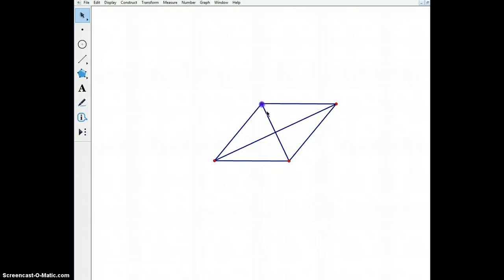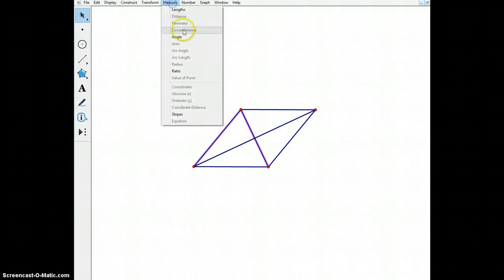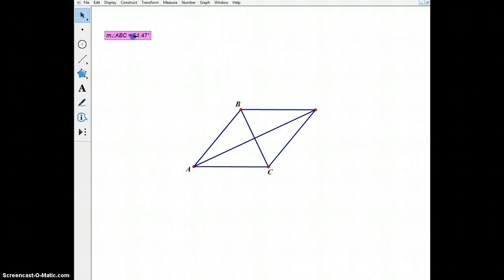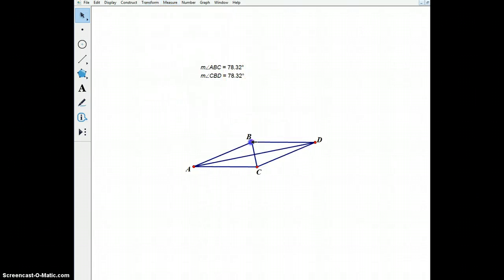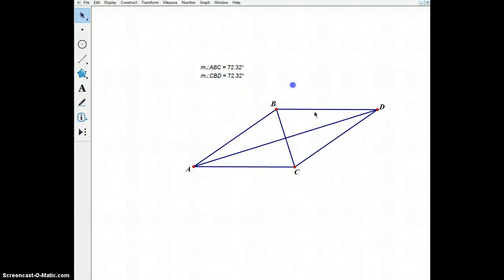How about these angle bisectors? Well, a simple way is we can just pick an angle and measure it. So we have that ABC is 64 degrees, and now let's look at CBD, and notice it's also 64 degrees. And as we change this, it is indeed the same angle.